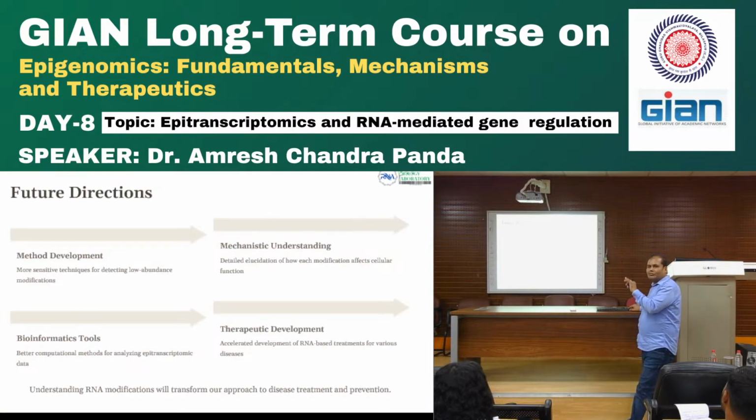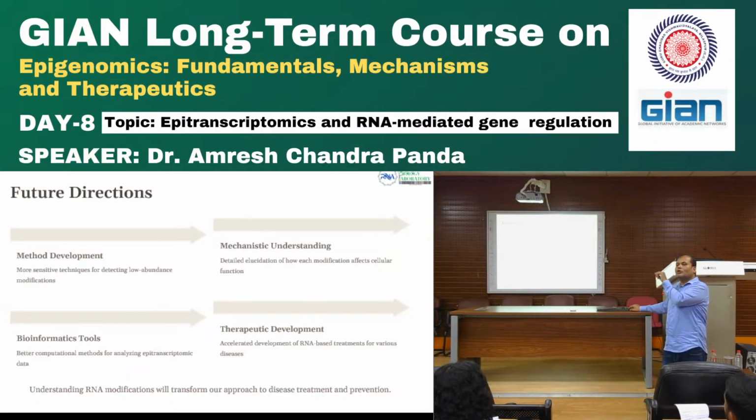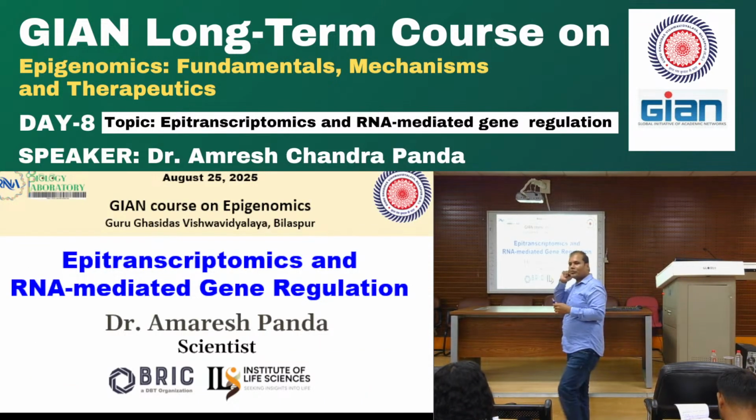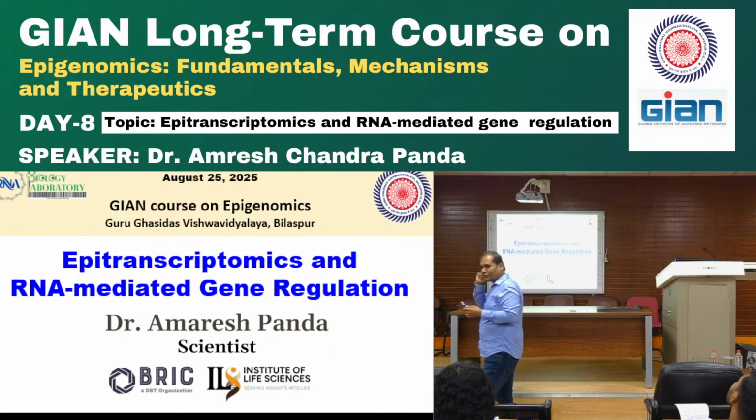Yeah, so better methods for detection, better bioinformatic tools for identifying, and then therapeutic application. So a lot of things need to be done in this area, like RNA modification. It's not very well studied because it is very dynamic.